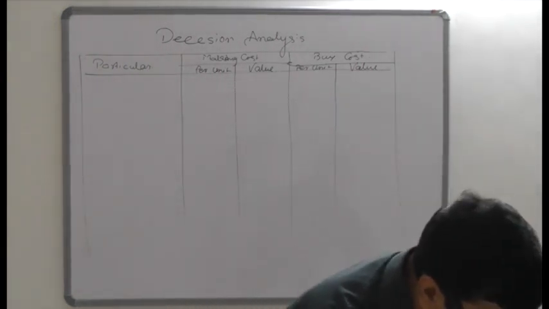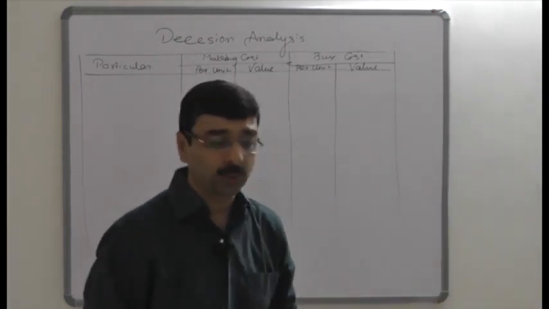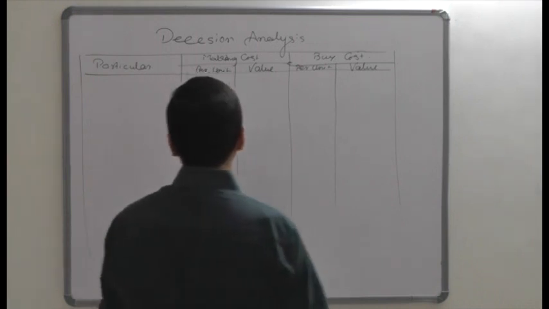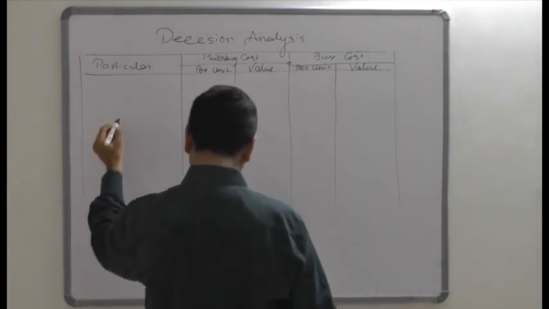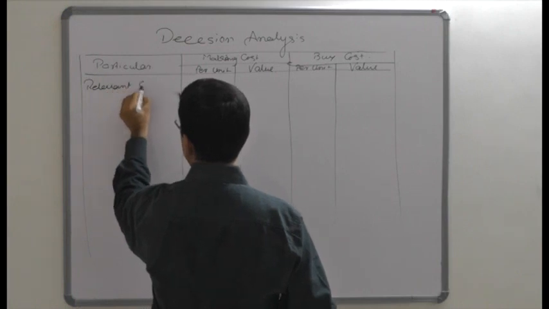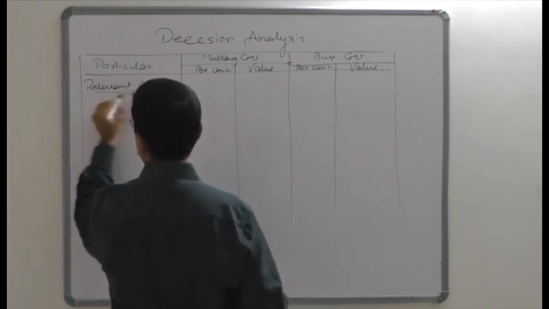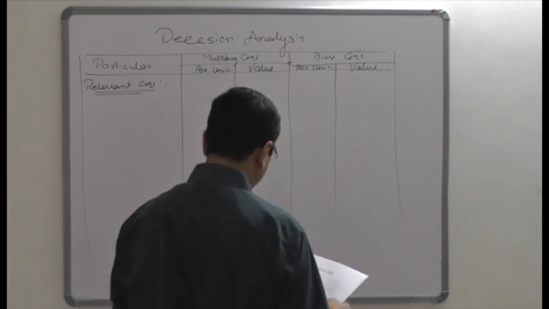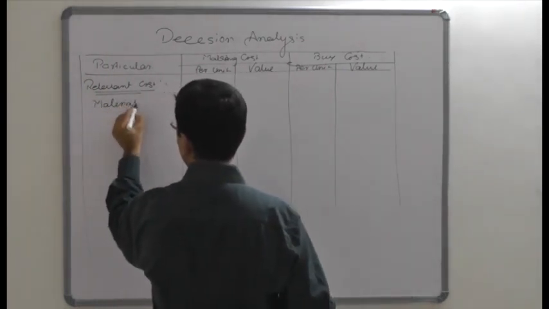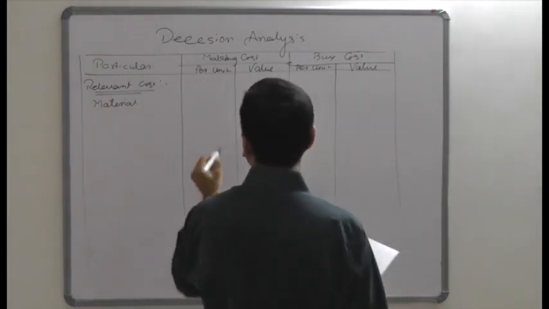Now from this information we'll identify how the cost would be incurred. Just see the question. The first calculation is the material cost. It is a relevant cost, because the cost is directly affected by the manufacturing of the product, and we have the material cost first. That material cost is given as 1.80 rupees per unit.